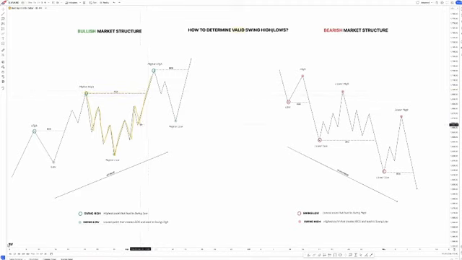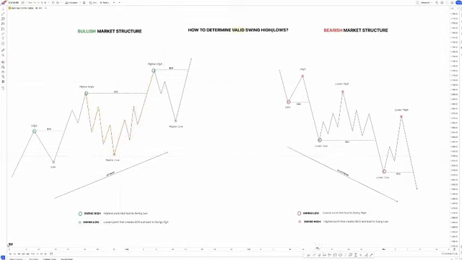And if you look at the lowest point, it will not be this one right here because there's a lower point, and it's not this one as well because there is an even lower point, and it will be this one right here. This will be the lowest point that actually led to this swing high being broken, right? And then led to a new high being created right here. So this is your swing low.